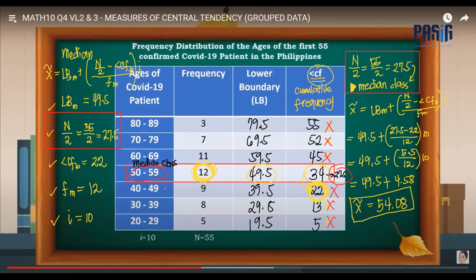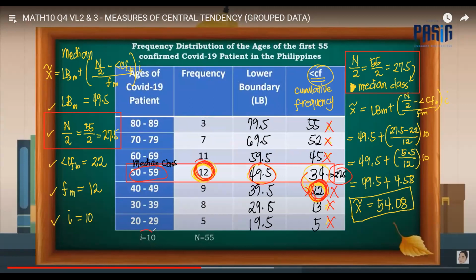So this is our median class. That is its age bracket. Now, from there you get the lower boundary. This is our lower boundary, 49.5. Our cumulative frequency, this, right? But what we take is the cumulative frequency below, which is 22. And then the frequency is 12.